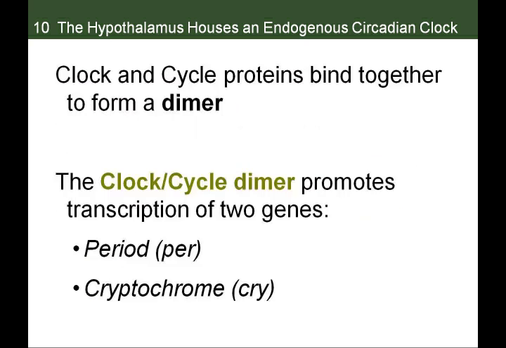Now the next couple of slides are not going to be the easiest thing in the world to understand, but let's try to go through this together. So the clock and cycle proteins are going to bind together, what we call dimerize. Di means two, so they're going to bind together. And when the clock and cycle dimer becomes one thing, it promotes the transcription of genes. Does anybody remember what transcription factors mean?